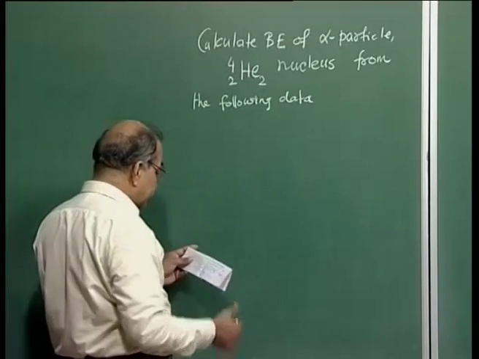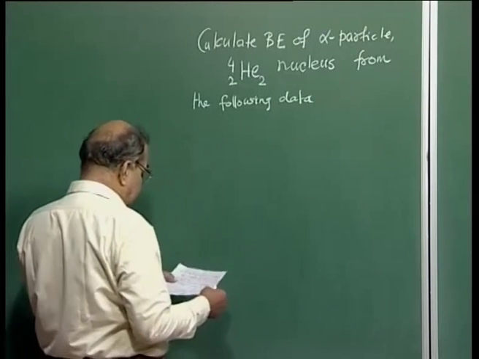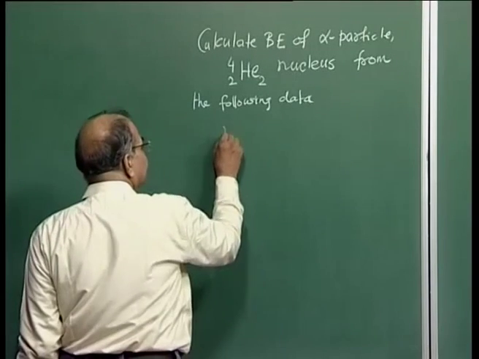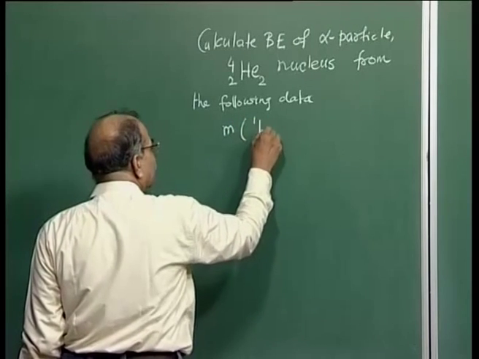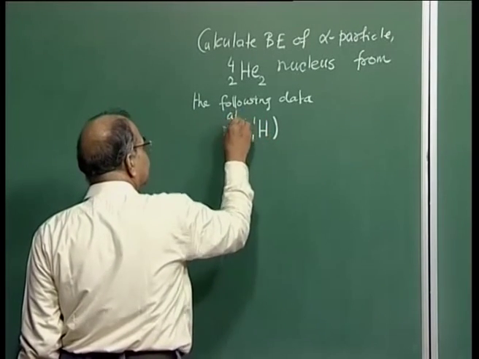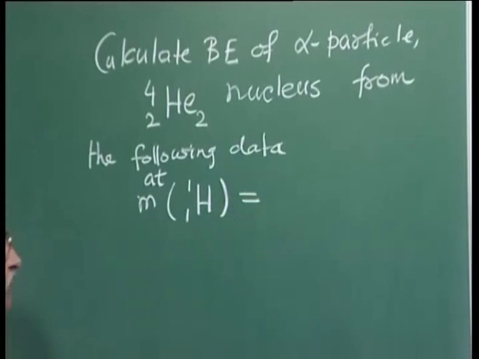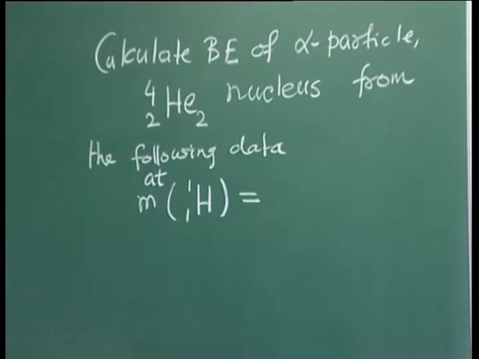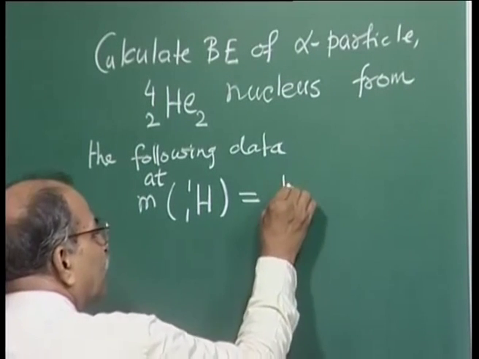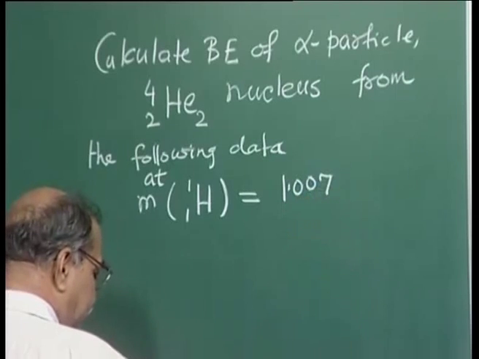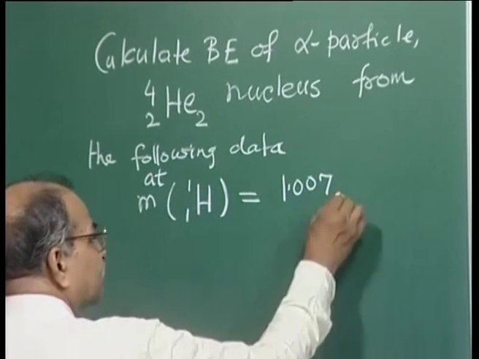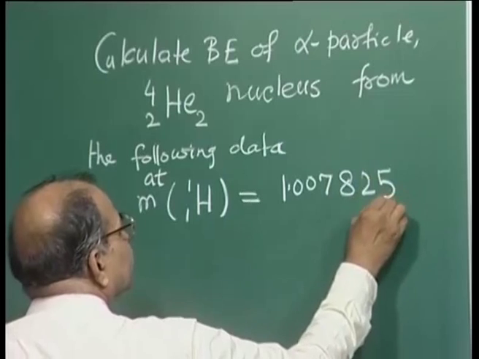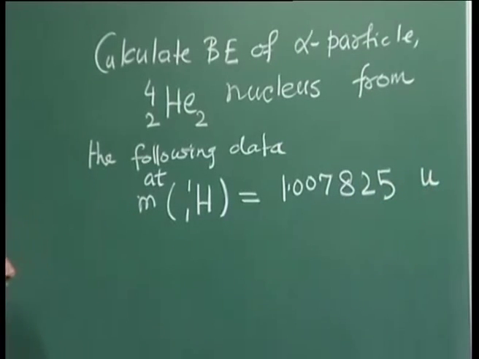And the data are: mass of 1H1, these are atomic masses. 1H1 is hydrogen atom. So, mass of hydrogen atom in its ground state is 1.007825 U. This is a unit, atomic mass unit, I will tell about that. Let me complete the data first.